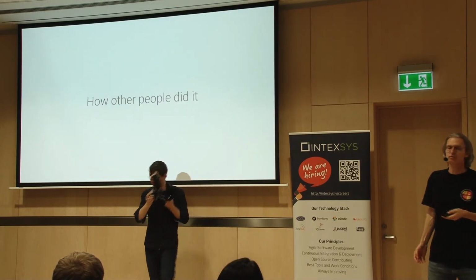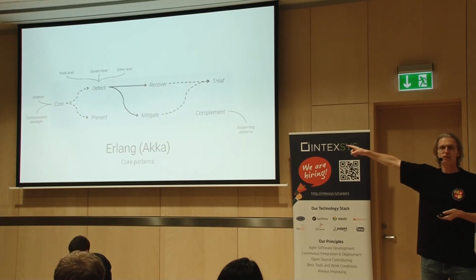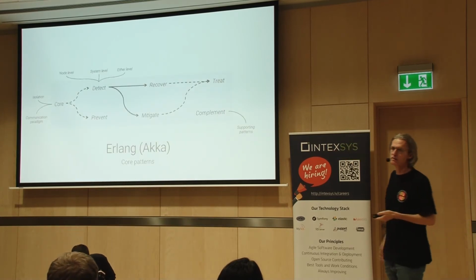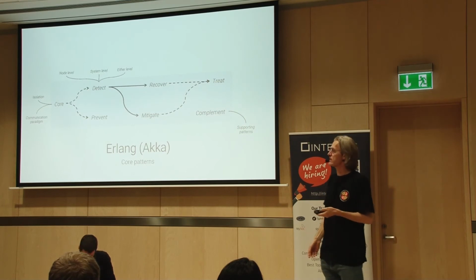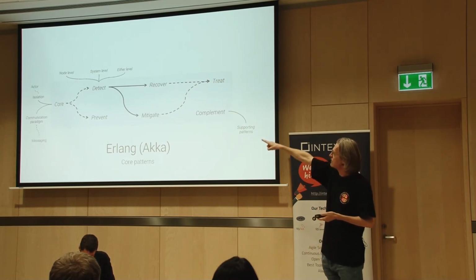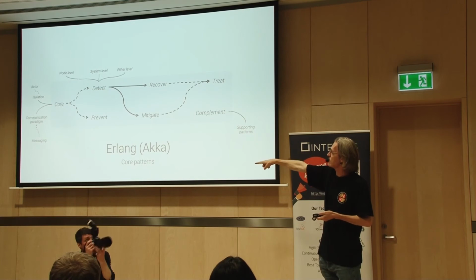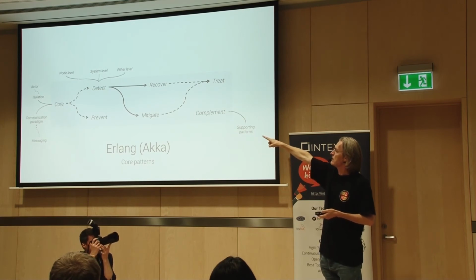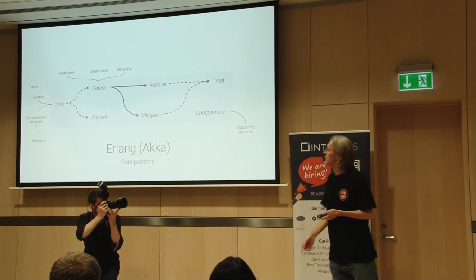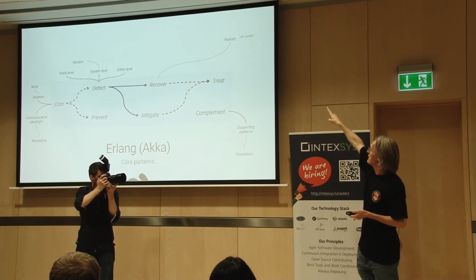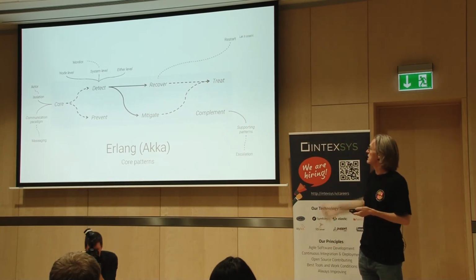So you need to try to figure out a set of complementing patterns which help you on this way. For instance, look at the Erlang virtual machine or Akka, which partially re-implements that stuff. They use actors and messaging as their failure units and communication paradigm, and then they have this let-it-crash pattern, which is just a handful here, a combination of monitoring, escalation, and restart logic.